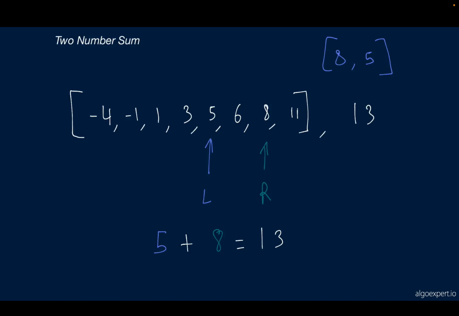And the actual algorithm that we just described here with the left and right pointers runs in O of n time, because at the most, we're going to be moving the left pointer to the right every time, the right pointer to the left every time, and eventually they get equal to each other.